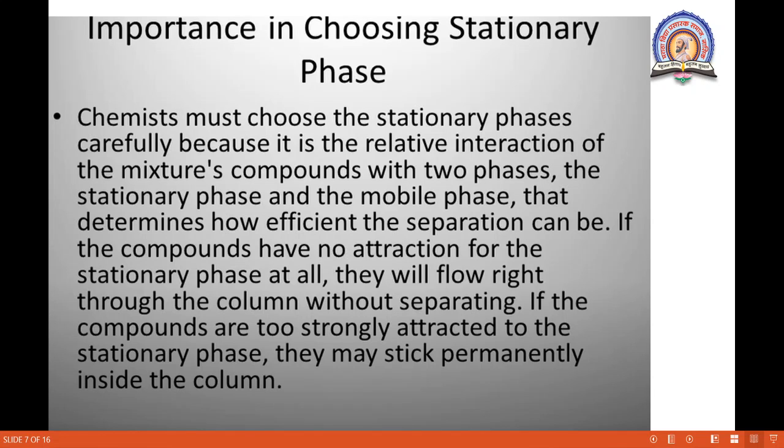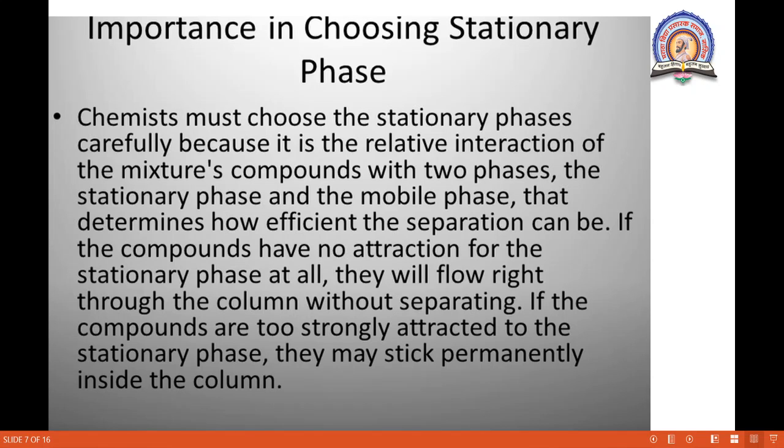And if the compounds are too strongly attracted to the stationary phase, they may stick permanently inside the column. That means if the interaction of the compound with the stationary phase is strong, then what happens?